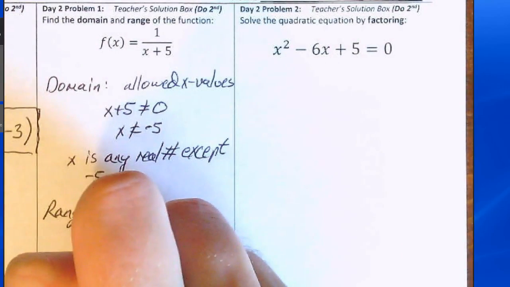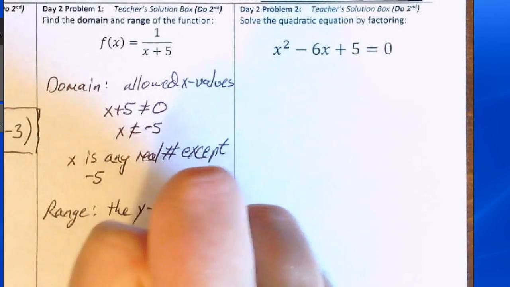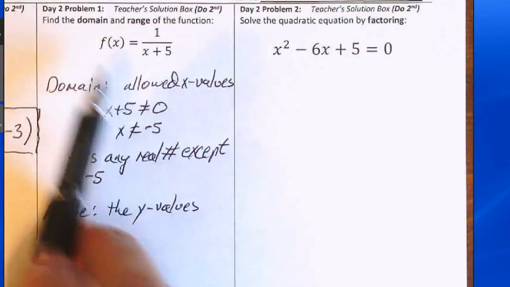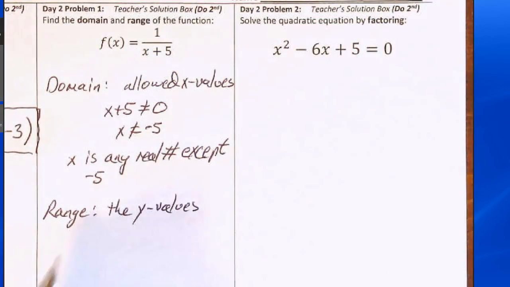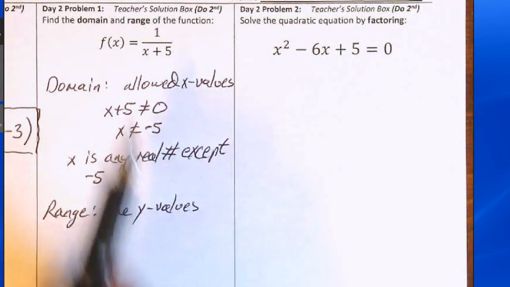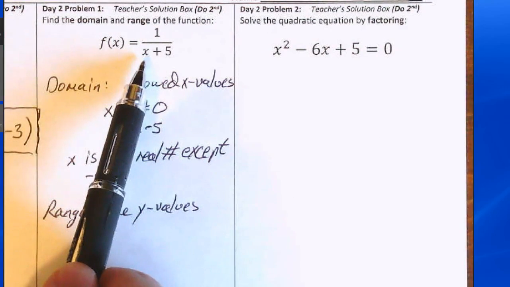So it's the y values, or the function values, or in this case, the f of x values. So to find what kind of values that this function can generate, let's, in our heads, think about what would happen as we use different choices for x.